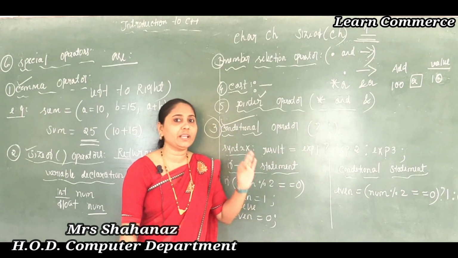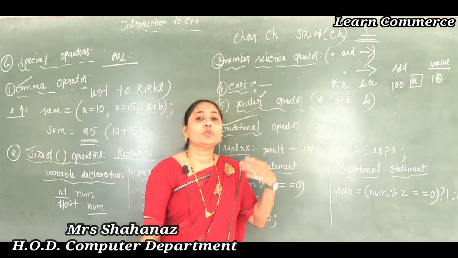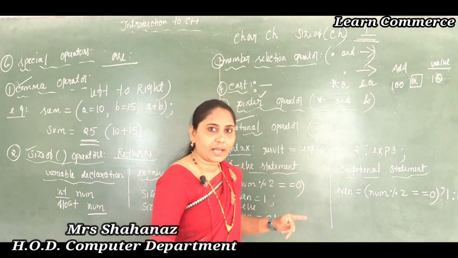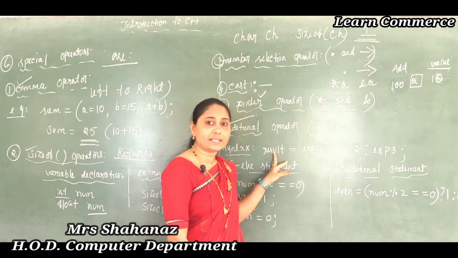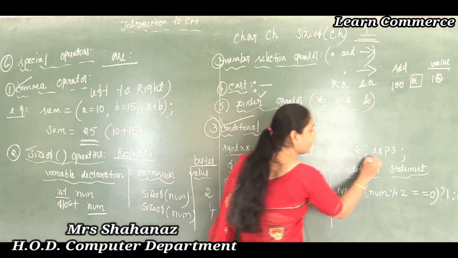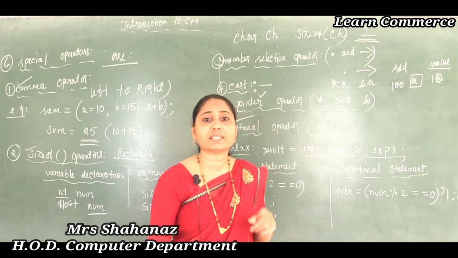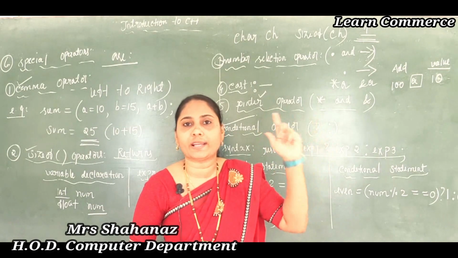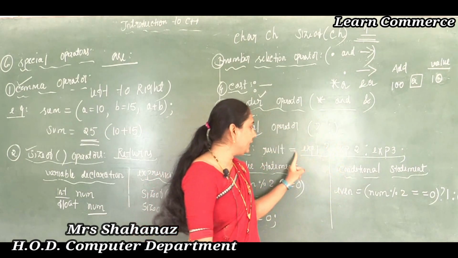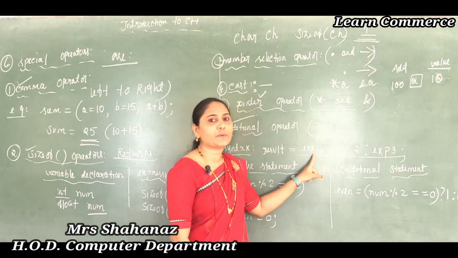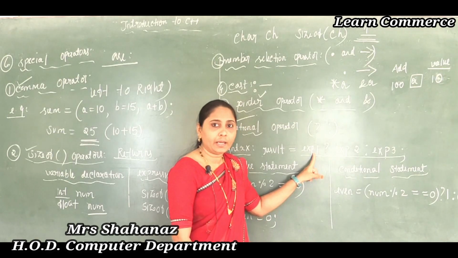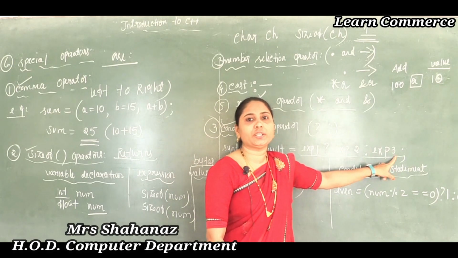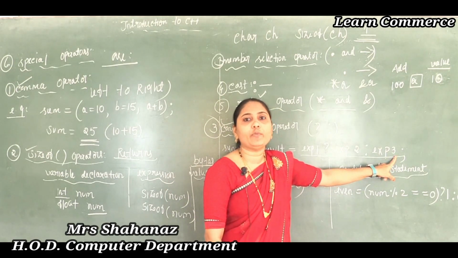If the condition is true, then only it will move forward. The conditional operator uses three expressions: if expression 1 is true, then expression 2 is calculated, otherwise expression 3 is calculated or evaluated.